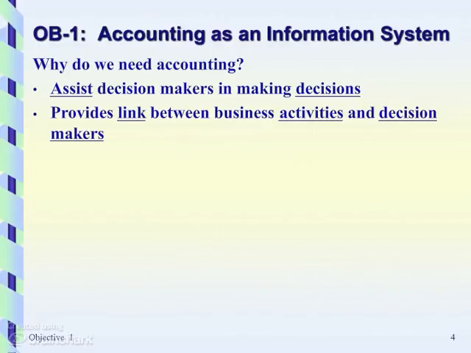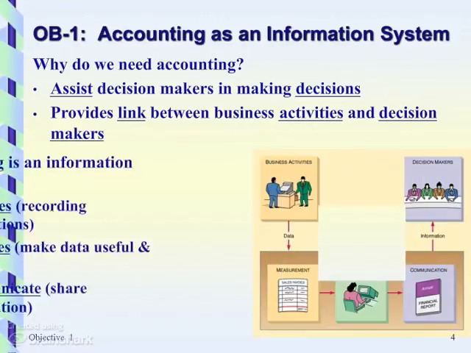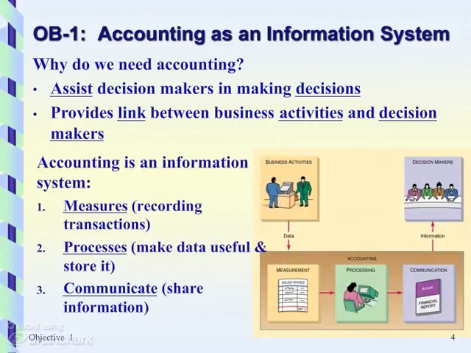Accountants provide the link between the business's activities and the decisions that need to be made about the business. Accounting is not the end in itself, but is rather an information system that helps businesses to measure, process, and communicate information about an identifiable economic entity.